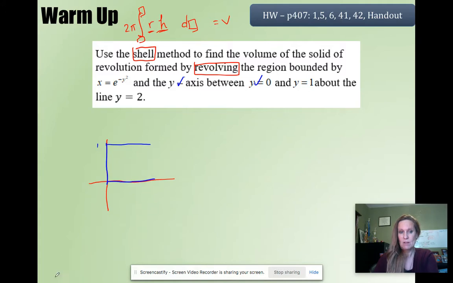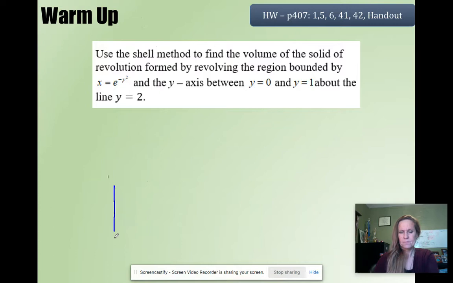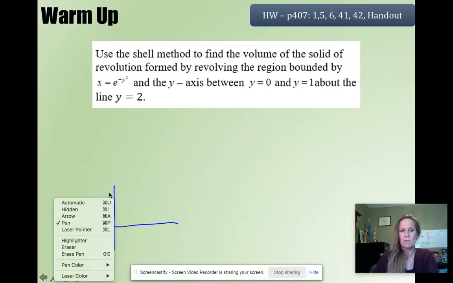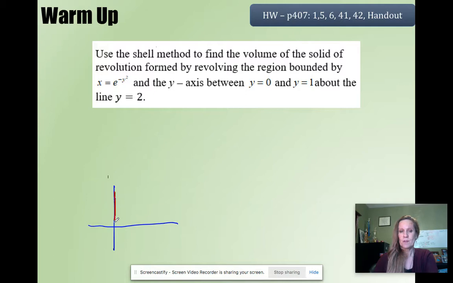So I'm going to redraw because I'm going to be reflecting around the line y equals 2. So there's the y-axis, the x-axis, y equals 1, and then my axis of rotation is y equals 2. So I've taken care of my bounds, my line.